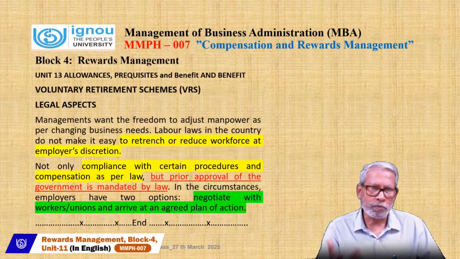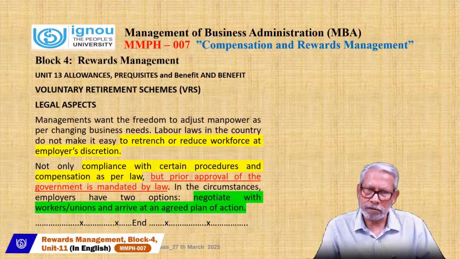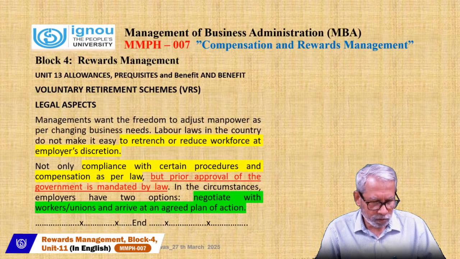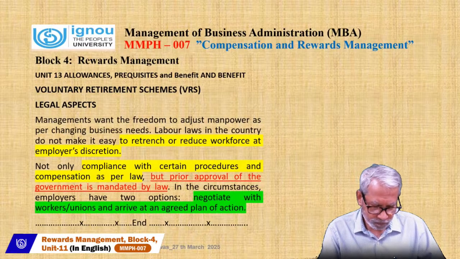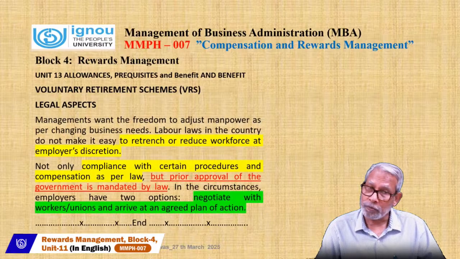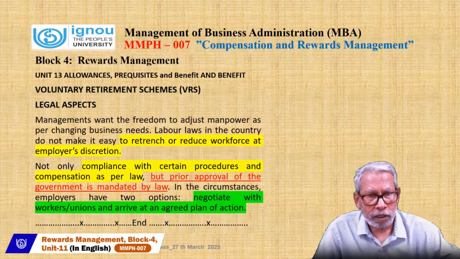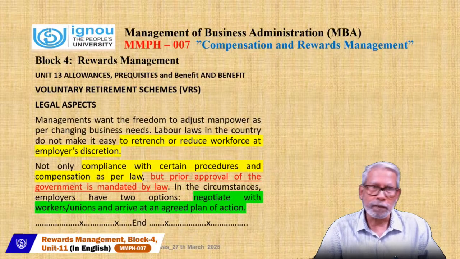So what type of tactic should you have so that your purpose can be served and you can reduce some of the manpower? What type of VRS scheme is attractive and justified? Then what are the basic components of the compensation package? That is also important. So this is the way you can conclude this particular part, the reward management.